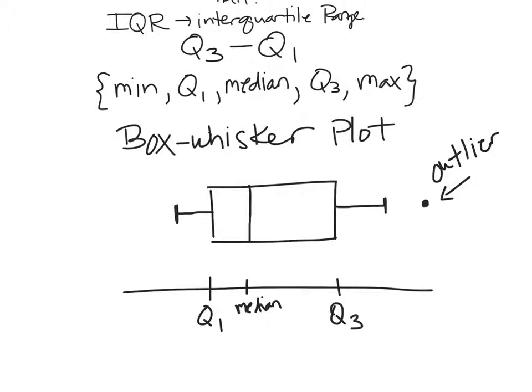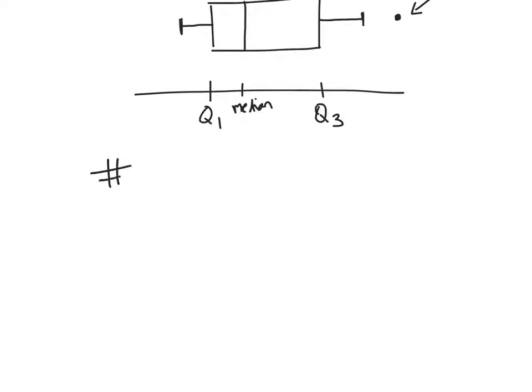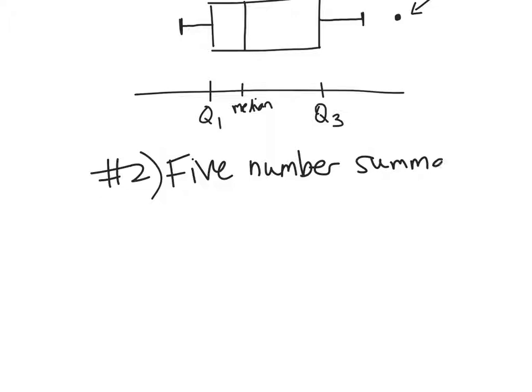All right, so let's go to our calculator now, number 2. And we're going to find the 5-number summary for Roger Maris's home runs, because we already have that data in our calculator.